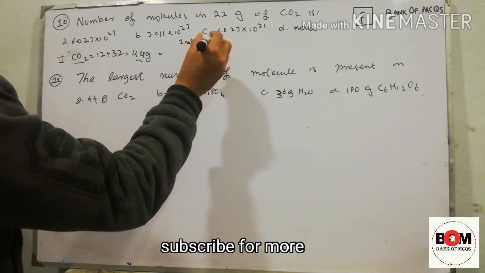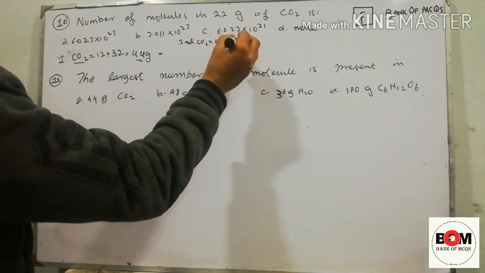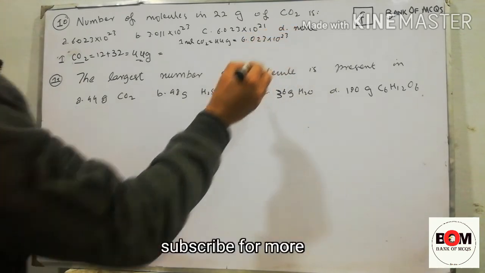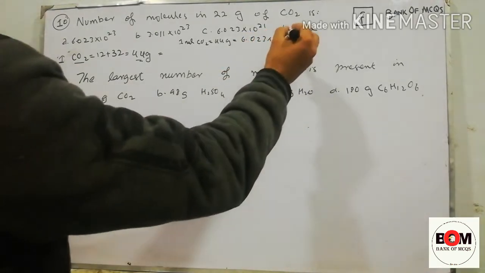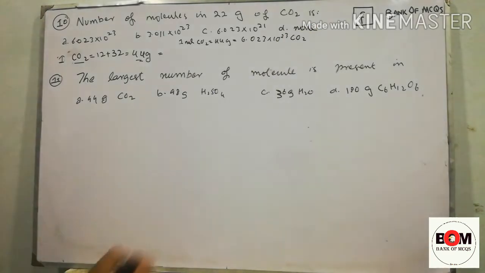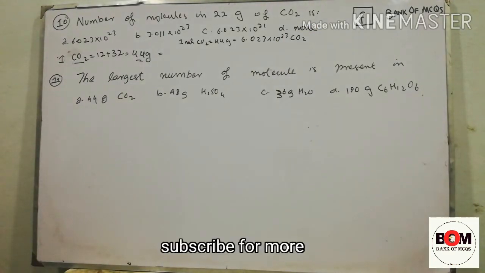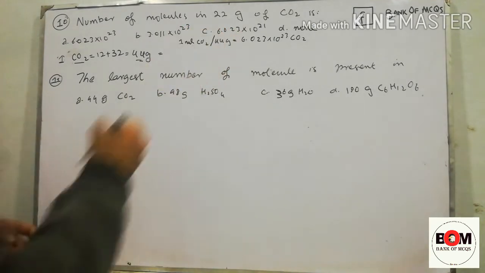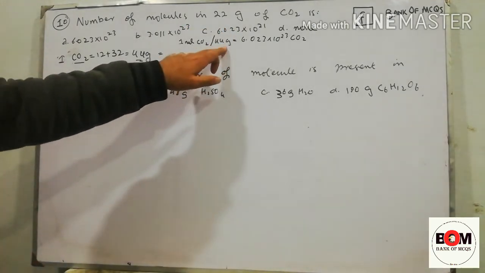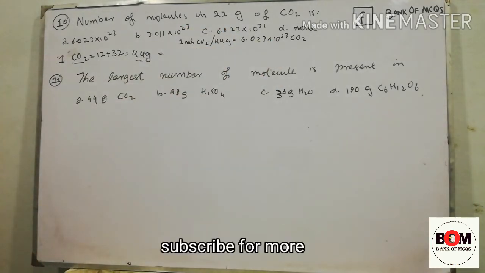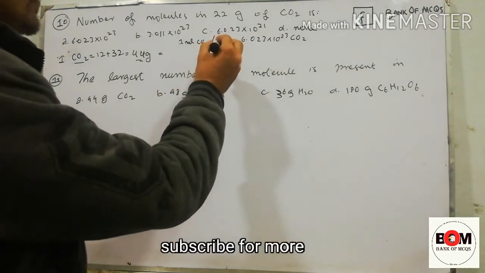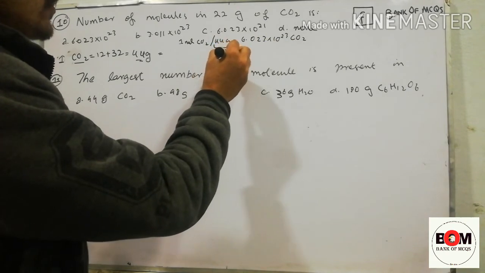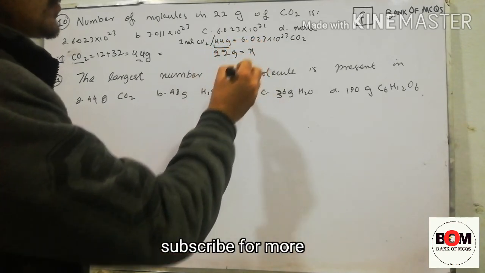Now we know that 1 mole of CO2 equal to 44 gram is equal to 6.023 multiplied by 10 to the power 23 molecules of CO2. So in 44 gram we have Na molecules. In 22 gram we have how many molecules?